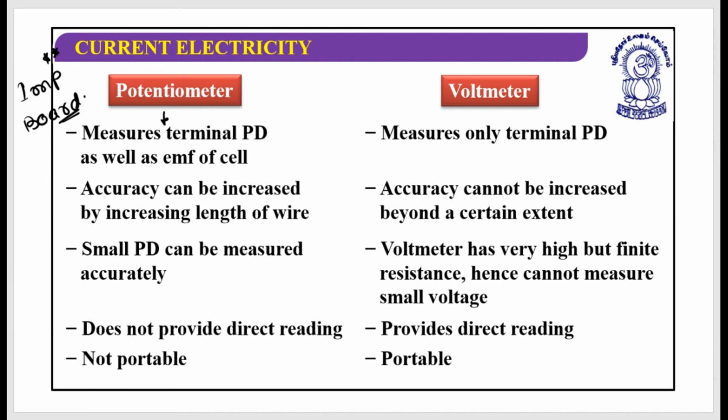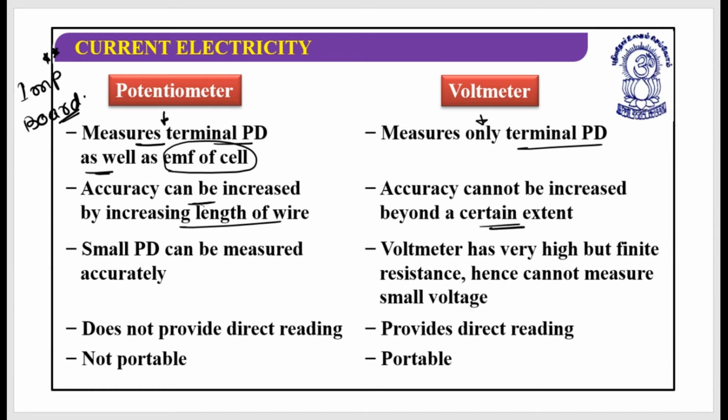A potentiometer is one which measures terminal potential difference as well as EMF of a cell. This measures only the terminal potential difference. Potentiometer accuracy can be increased by increasing the length of the wire. Yes, that we have discussed, or we were discussing in the MCQs.